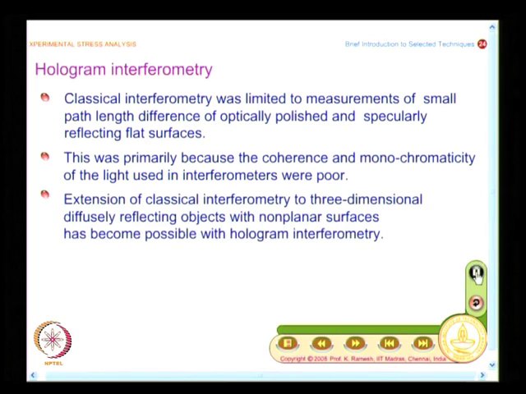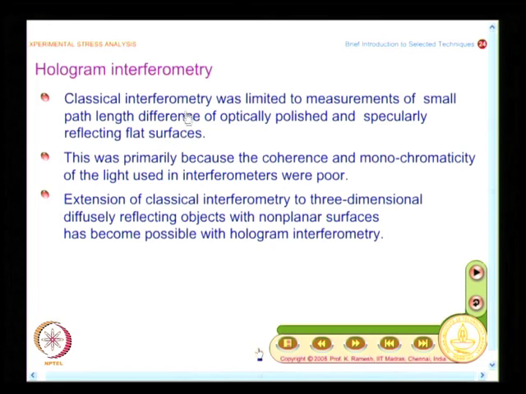The earlier mercury arc lamp had monochromaticity not to the extent of a laser, and coherence was also limited. So, we were confining ourselves only to small path differences.